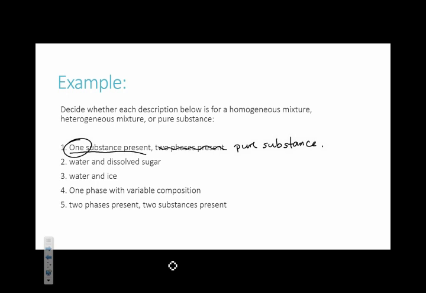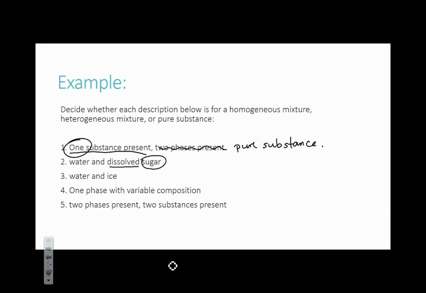Water and dissolved sugar, now we're looking at 2 substances. Dissolved is telling me that the sugar has disappeared into the water, and so I'm only seeing one visible phase. It's not a pure substance because it's got 2 things present. I only see one phase, so it must be a homogeneous mixture.